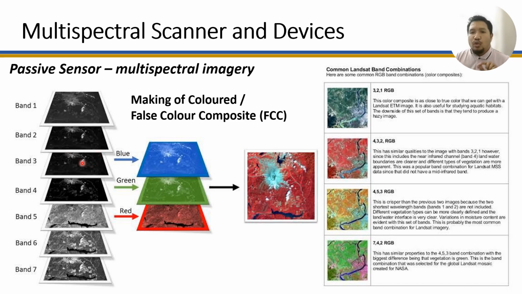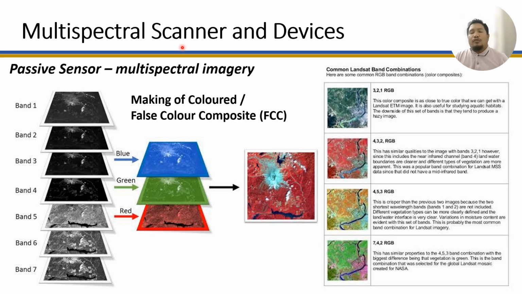This allows us to visualize the data in a way that is easier for us to interpret. For example, here we have 7 bands of a multispectral image, and we can manipulate them by combining and assigning color to create a desired image.